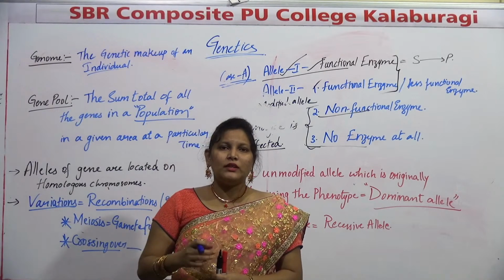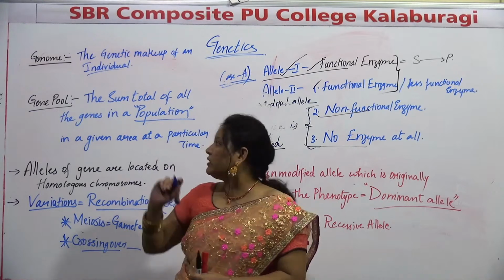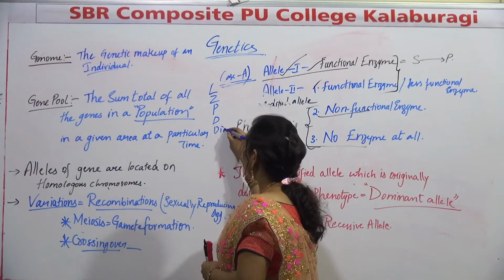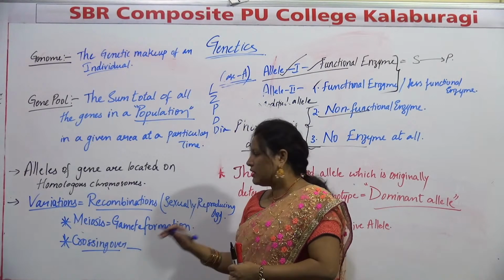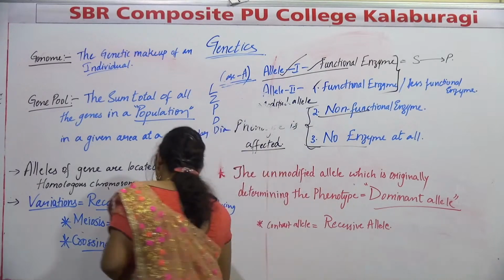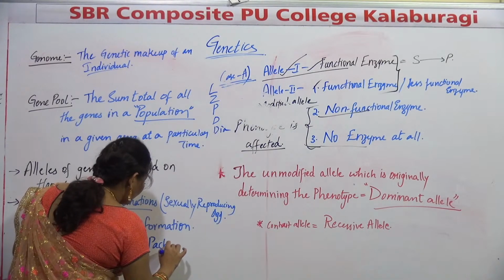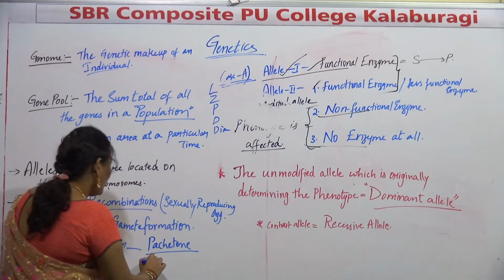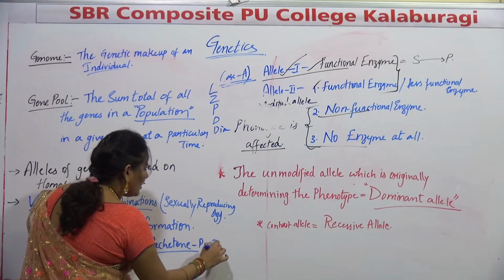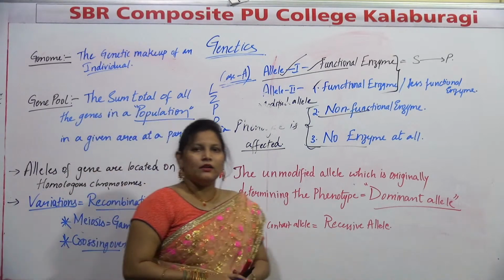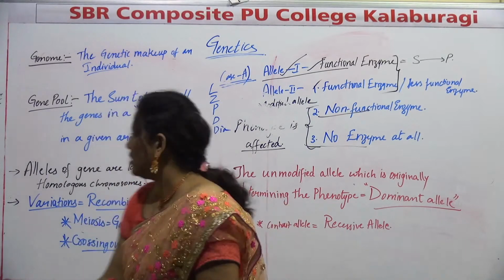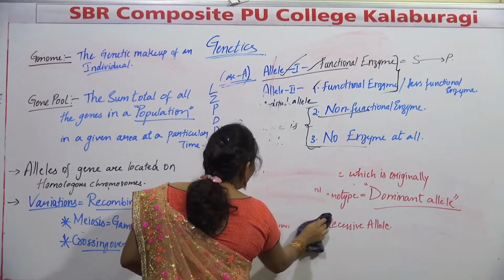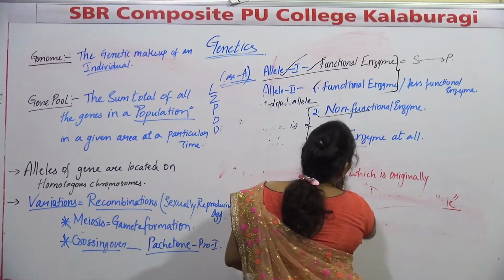In prophase 1, there are 5 substages: leptotene, zygotene, pachytene, diplotene, and diakinesis. Among these 5 stages, the crossing over will take place in the pachytene substage of prophase 1. And how will this crossing over take place? Crossing over will always take place between non-sister chromatids of homologous chromosomes.